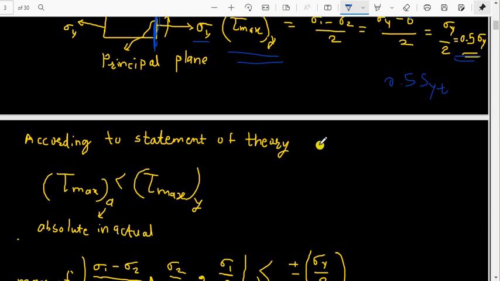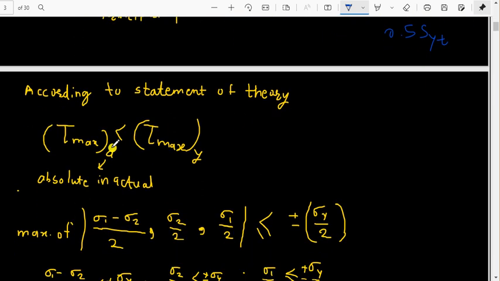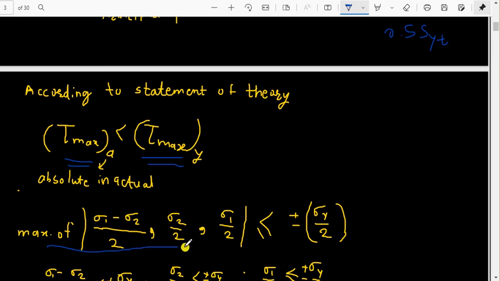Now, according to the statement of this theory, the actual maximum shear stress should be less than the shear yield strength. We have found the absolute maximum shear stress, and it should be less than this value, that is 0.5 SYT or 0.5 sigma y or sigma y by 2.